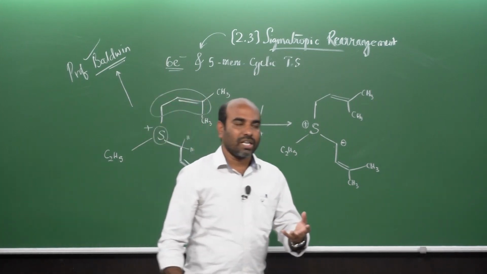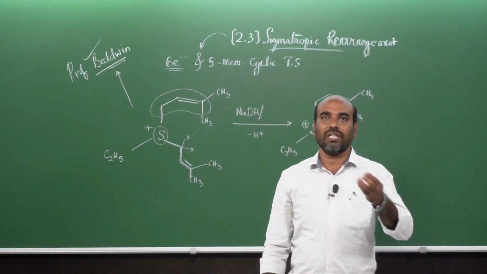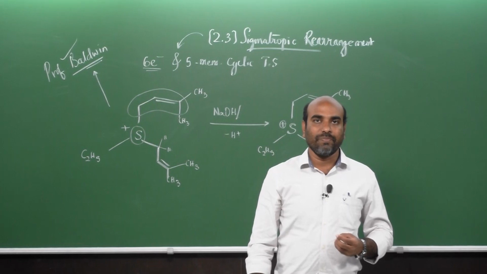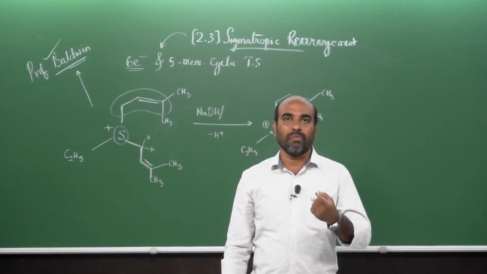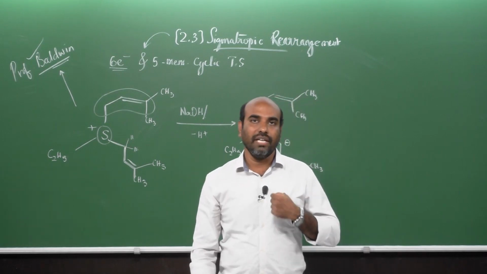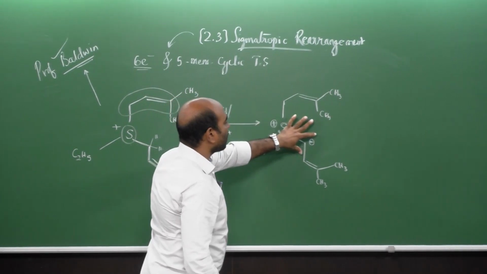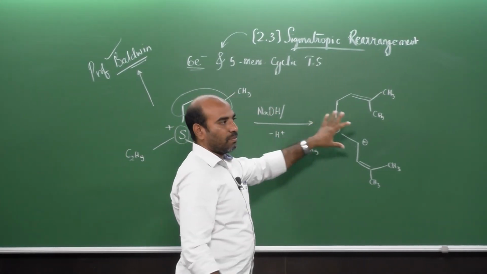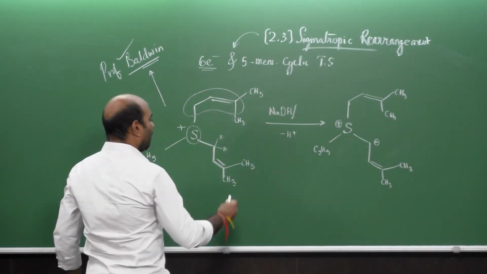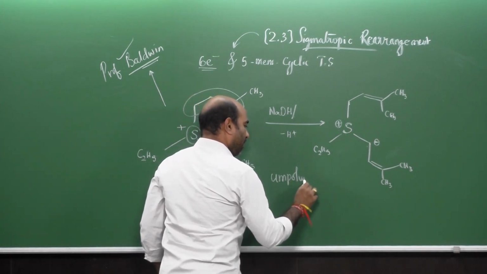Usually when a carbon atom is attached to a more electronegative heteroatom like oxygen, nitrogen or sulfur, it tends to have the positive charge, whereas the heteroatom tends to have the negative charge, right? But here you can see a reversal of polarity. This phenomenon can also be called umpolung phenomena.